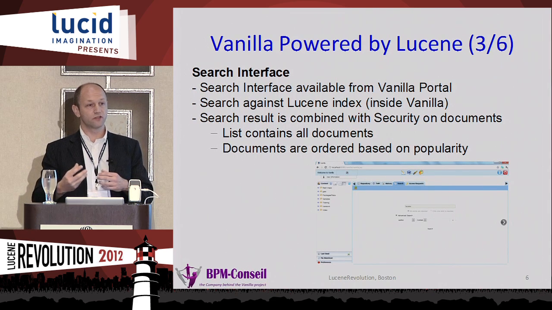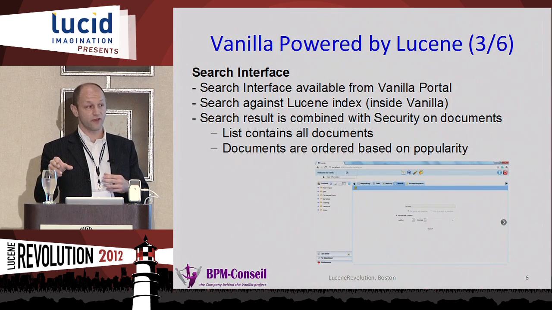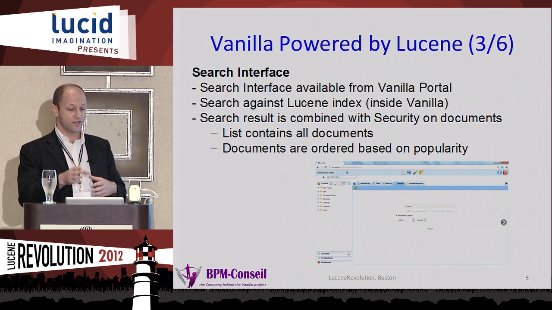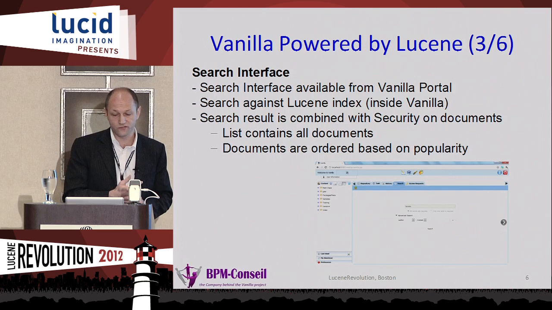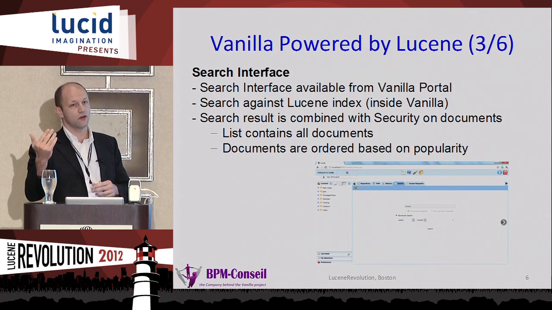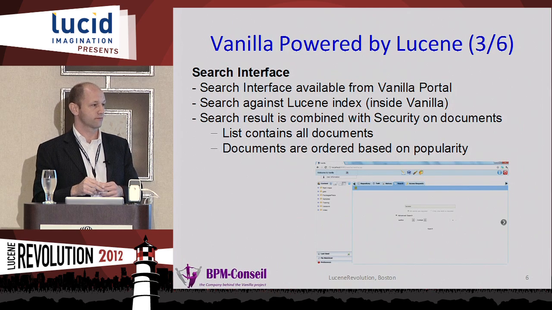So the search tells you this document is there, it contains your keyword, but you can't open it. I will show it to you with Vanilla later. You can request a grant access to the document.